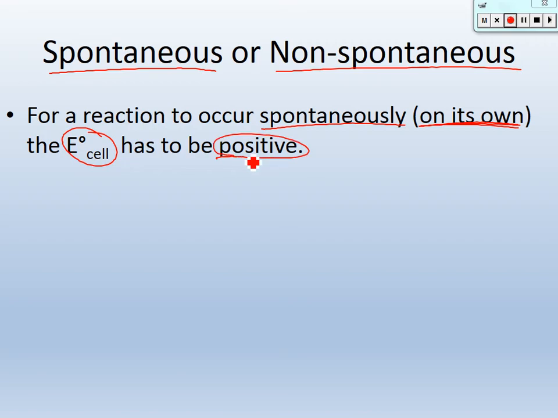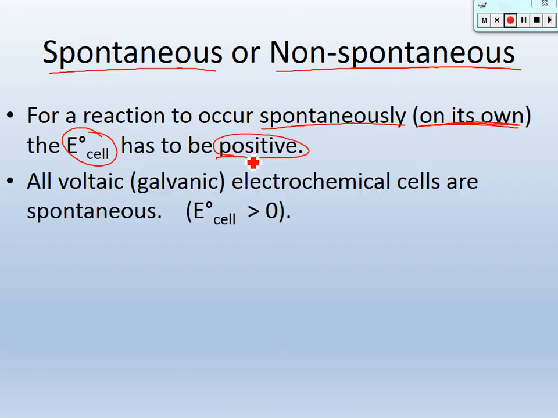So if the cell voltage is positive, it's going to happen on its own. All voltaic cells, or galvanic is another word for voltaic, all voltaic electrochemical cells are spontaneous. So all of them have a voltage, or an electric potential energy, of greater than 0 volts.